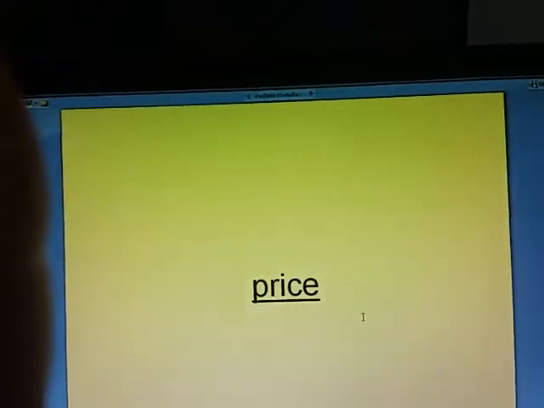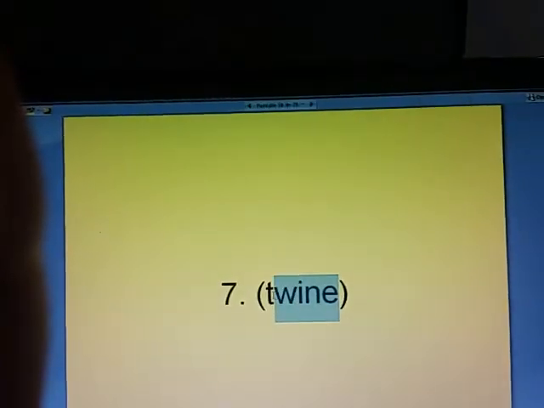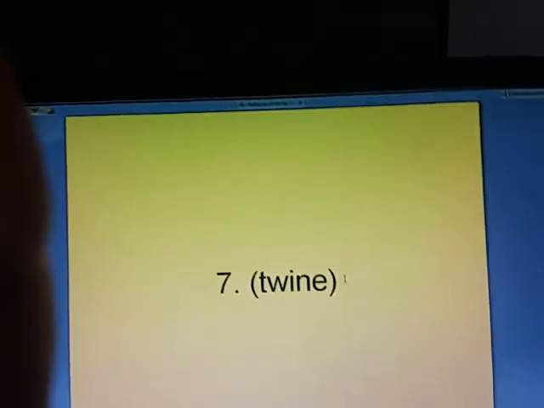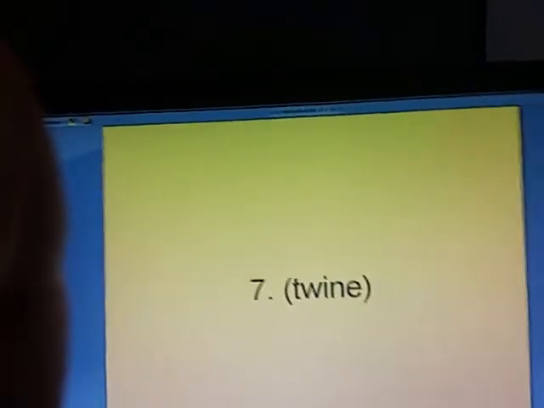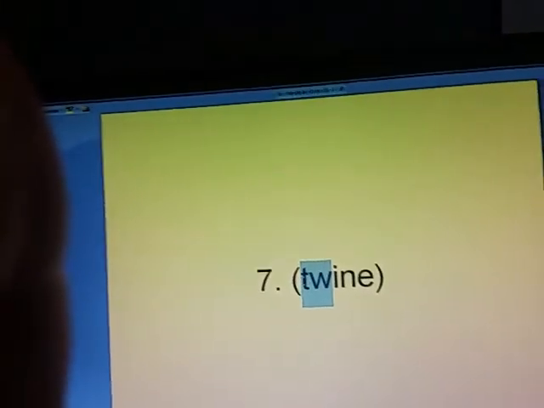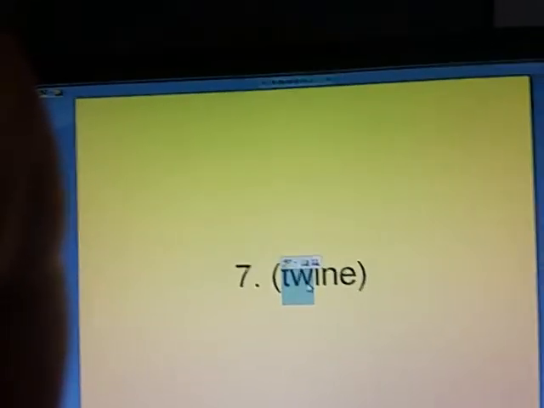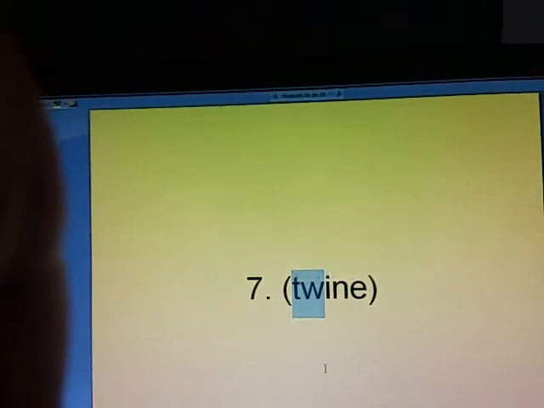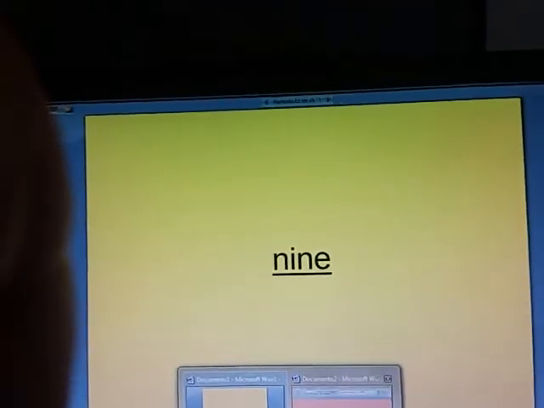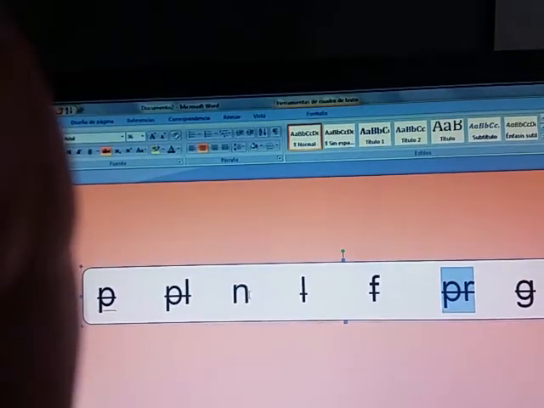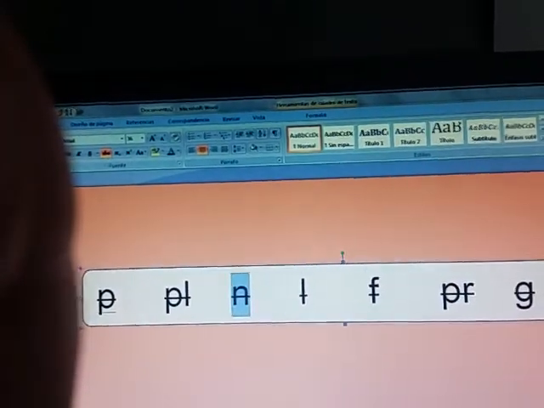And let us go over number 7. Clue says twine. Sentence says, a number lower than 10. Oh, that's pretty easy. Instead of TW, it's gonna be letter N for 9. 9. And we should cross it out as well.